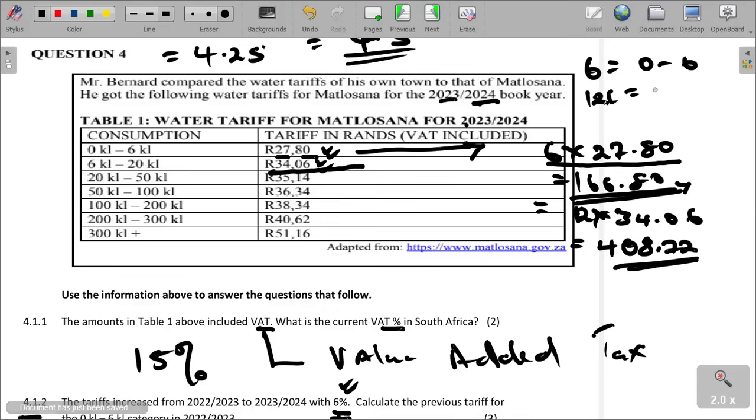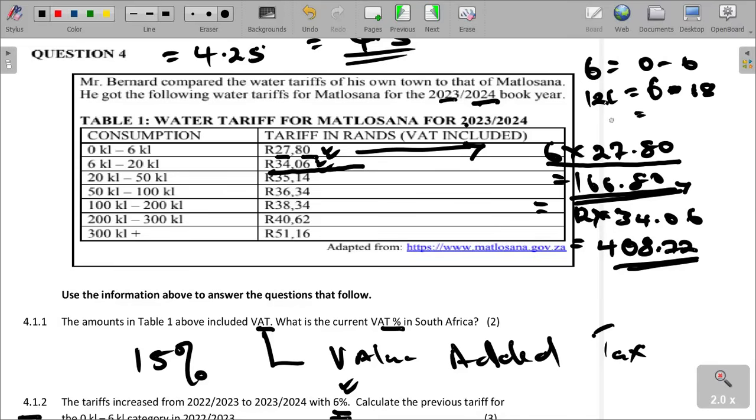Those 12 liters are in the category of 6 to 18 liters, which is 34 rand 6 cents, as we can see there.